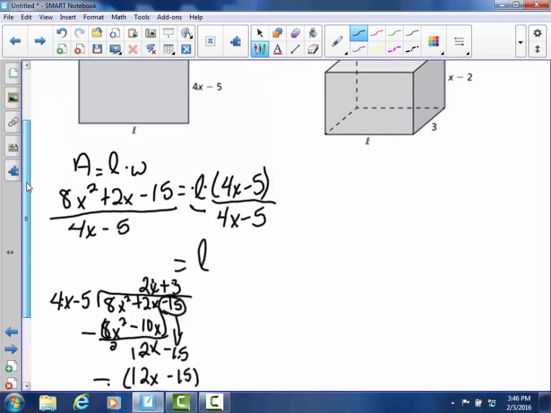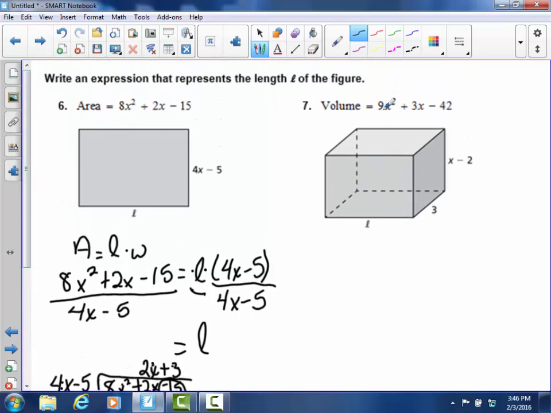Okay, let's check out the other one. All right, the volume is this amount, and then they show us L times 3 times x minus 2. Okay, well, volume is length times width times height, so 9x squared plus 3x minus 42 is equal to L times 3 times x minus 2.